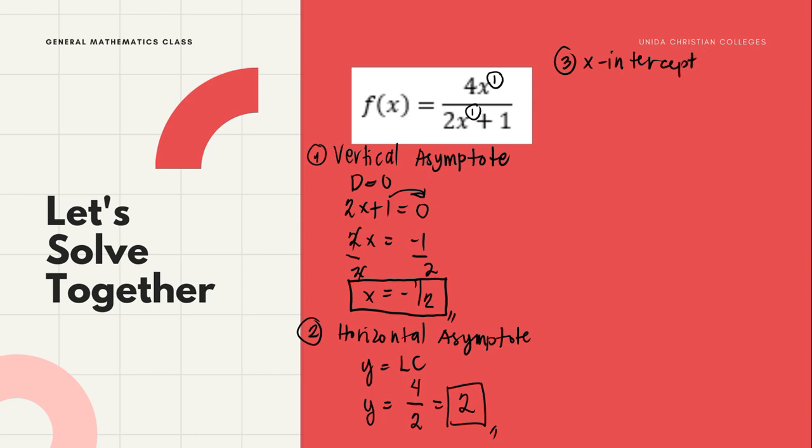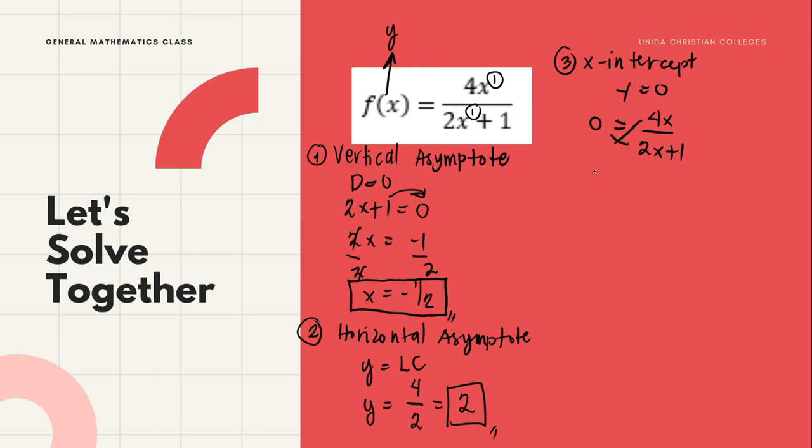Okay, anong sabi natin sa X Intercept? We will let our y be equal to 0. Okay. So, change natin ito sa function of x sa y. Okay. And then, yung y natin, ililet natin as 0. So, 0 is equal to 4x over 2x plus 1.